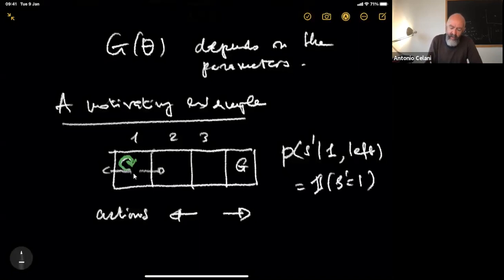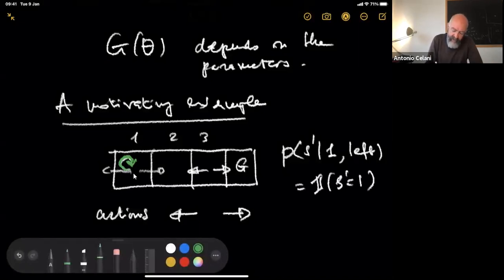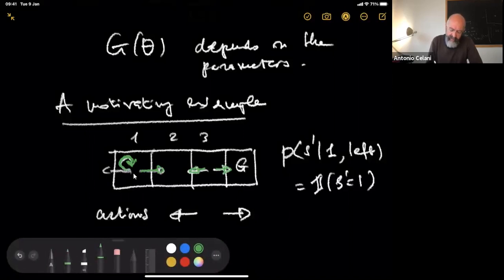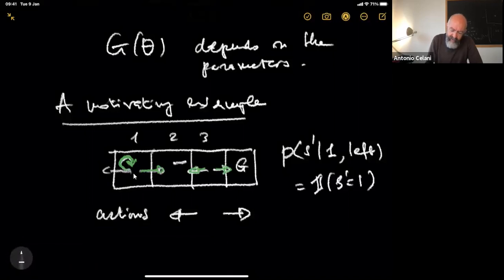Okay. So in state 3, everything is okay. If you decide to go to the left, you go to the left, and so on and so forth. Usual stuff. So let me depict in green the actual outcome of the actions you take. In the middle, in state 2, something weird happens in this particular example: if you want to go to the right, actually your actions are switched as an outcome.